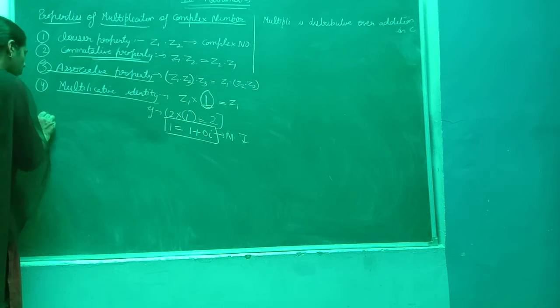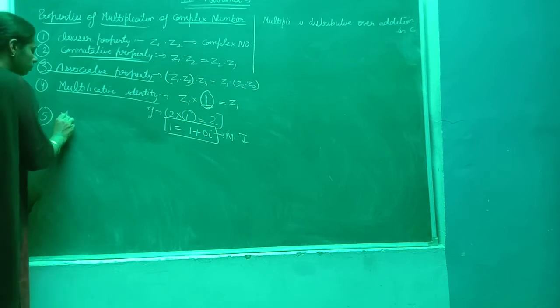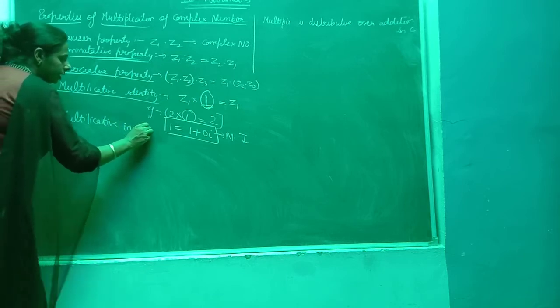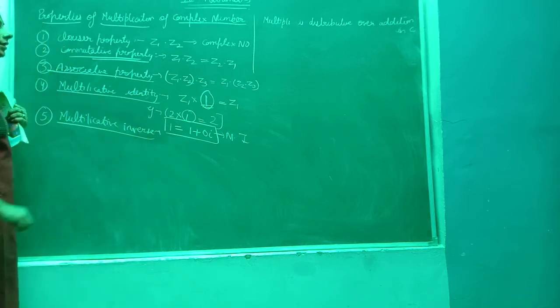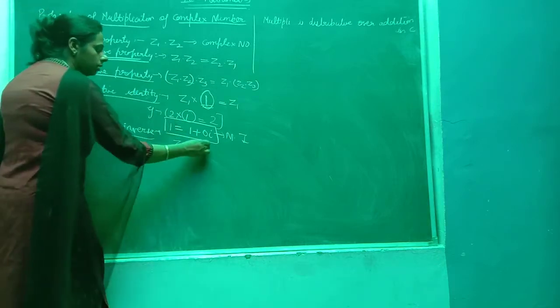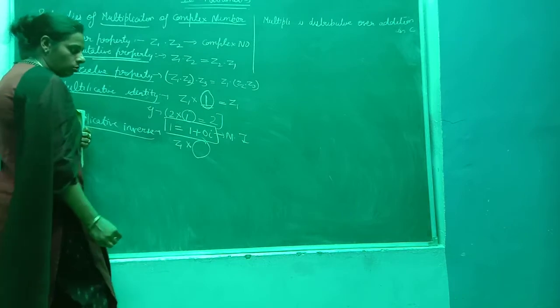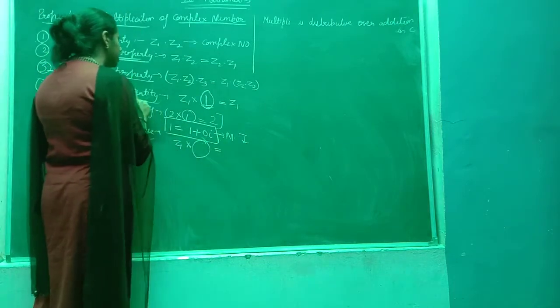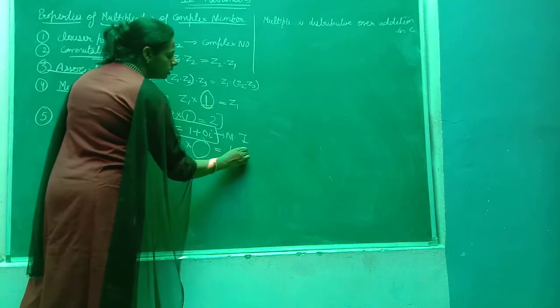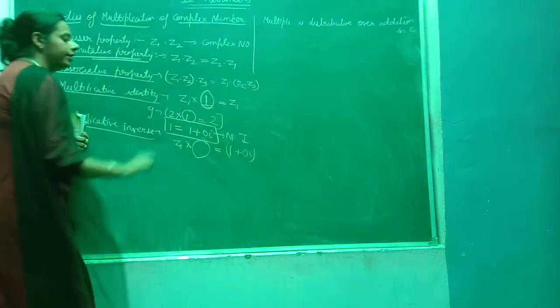Now come to the fifth property, that is the multiplicative inverse. How will you get it? By what number do you multiply a complex number so that you get the multiplicative identity, which is 1, or we consider 1 plus 0 iota?